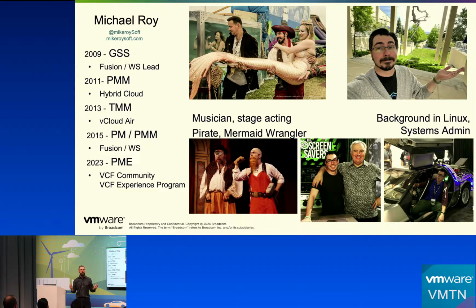Thanks everybody for joining me today. My name's Michael Roy. I've been with VMware for 15 years. I've gone through a variety of different roles here, just in case you're wondering who the heck I am and why I'm up here talking. I've been with VMware since 2009. I have been product manager for Fusion and Workstation for about 10 years, so that's where a lot of folks know me. These days, I run all of our community stuff within the VCF division.